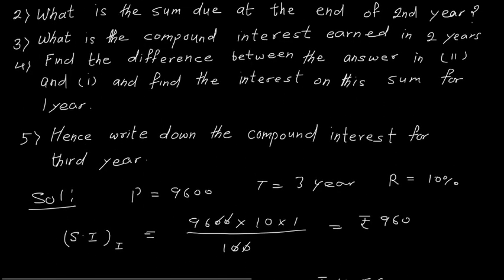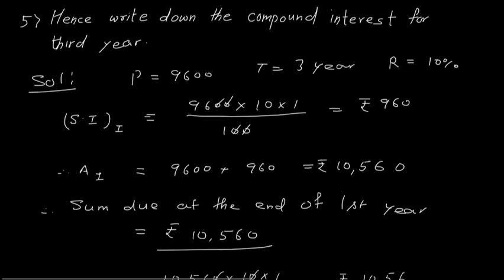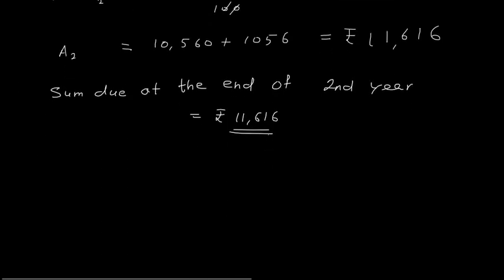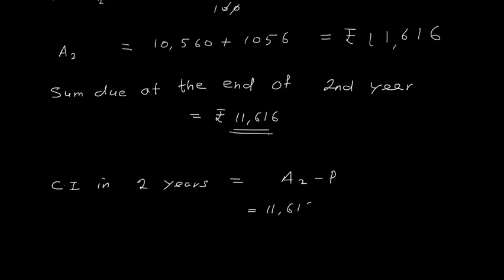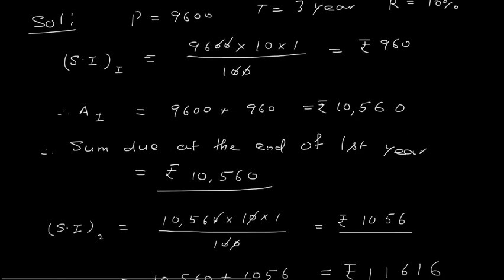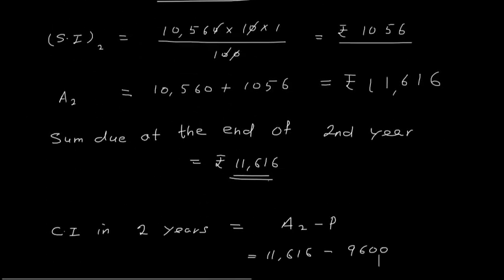Third question, what is the compound interest earned in 2 years? Okay, I have to find compound interest in 2 years. So compound interest in 2 years can be found out from A2 minus principal, that is 11,616 minus 9,600. 9,600 was our principal at the beginning.